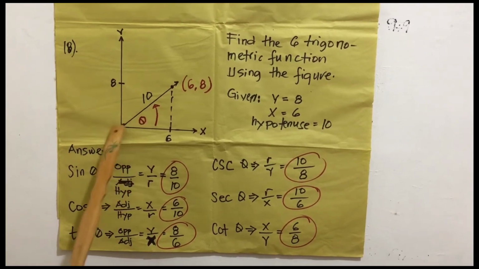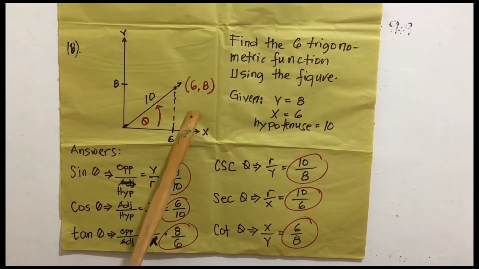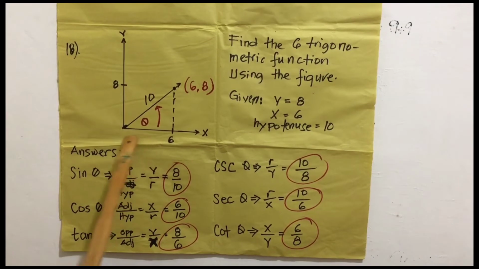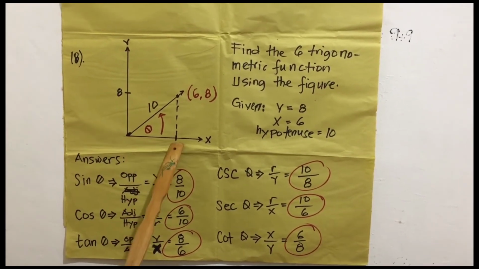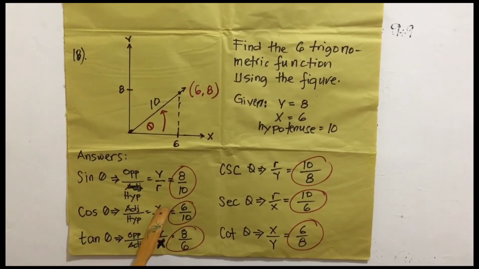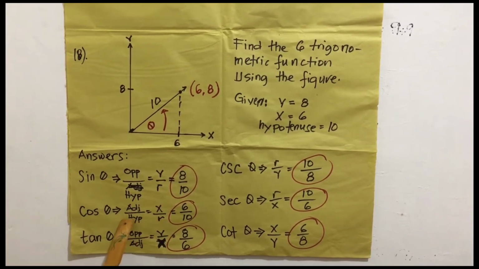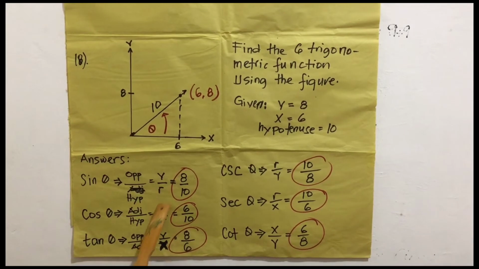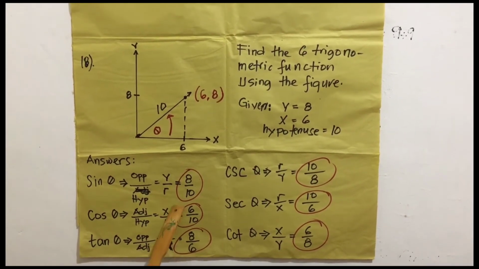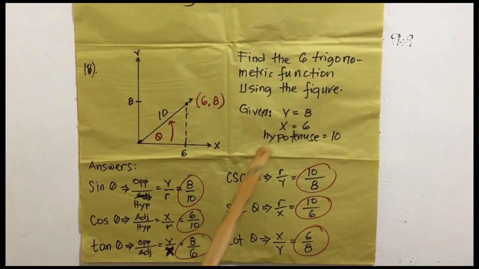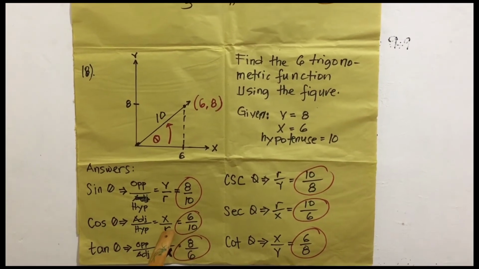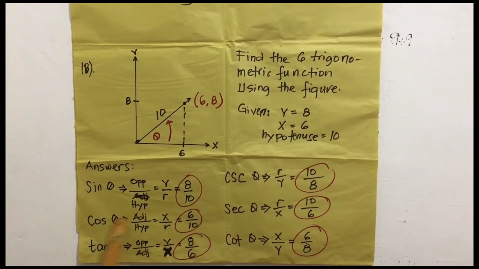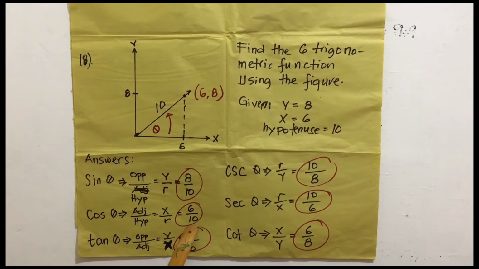From this angle, if this is the opposite and this is the hypotenuse, then the adjacent is here, the x-axis. So we have x over r, the radius vector. Upon knowing the formula x over r, we substitute: our x is 6 and our radius is the hypotenuse. Our cosine theta now is 6 over 10.